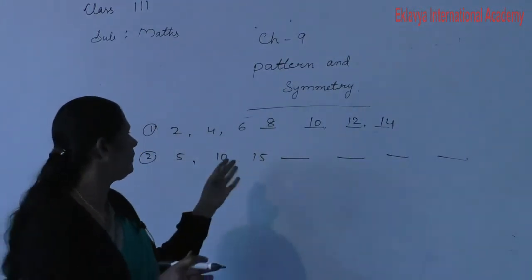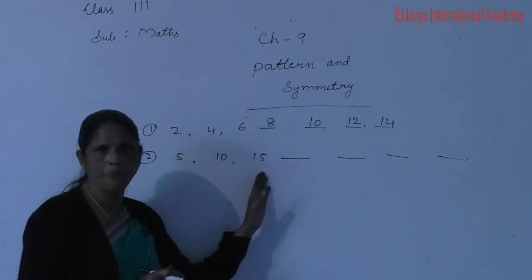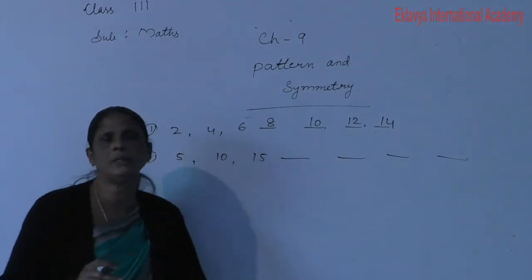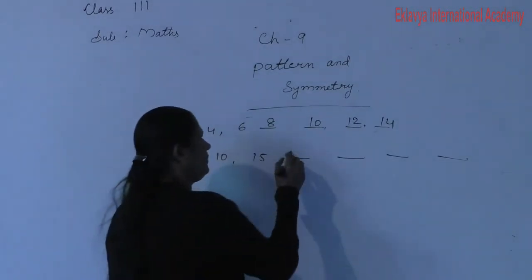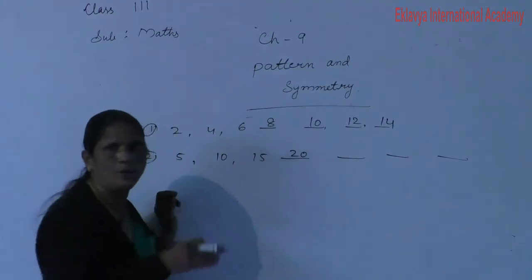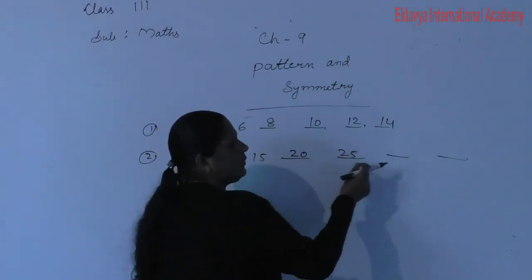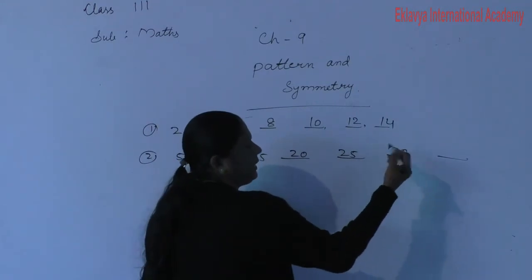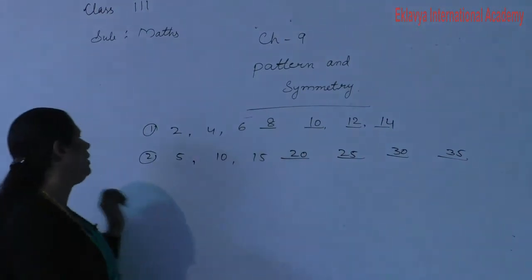Then 5 plus 5, 10. 10 plus 5, 15. The next pattern, 15 plus 5, 20. Next 20 plus 5, 25. Then 25 plus 5, 30. 30 plus 5, 35. Understand? Then next.